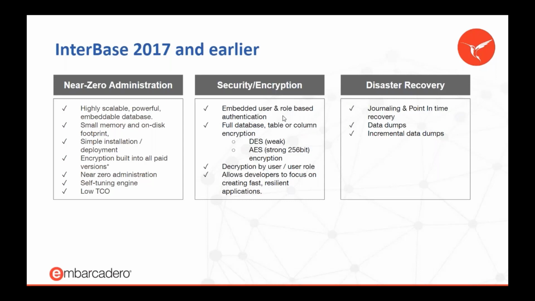There are customers out there with InterBase who have a single primary database, but roughly 12 mirrors, and each one of these mirrors is updated every 5 minutes. And these mirrors are, of course, lagging compared to the original primary database by up to 5 minutes in terms of how frequently they have been updated.